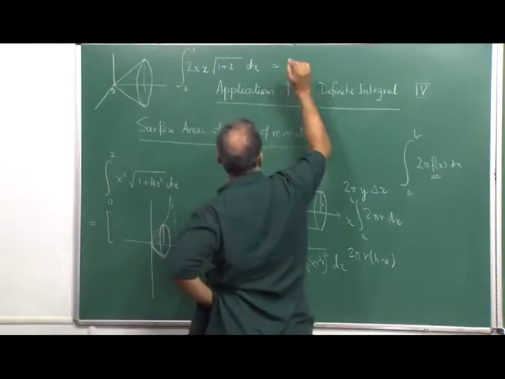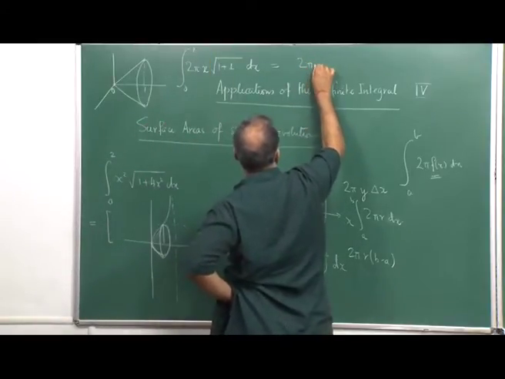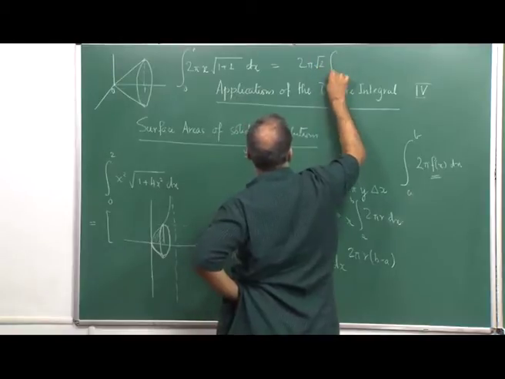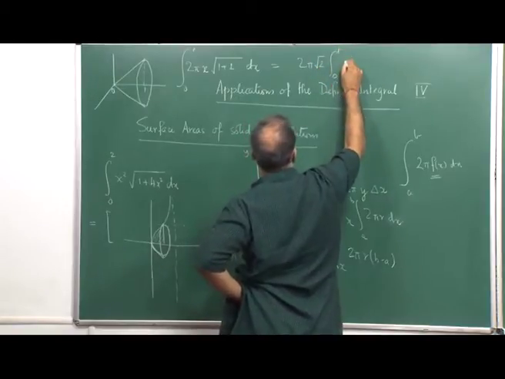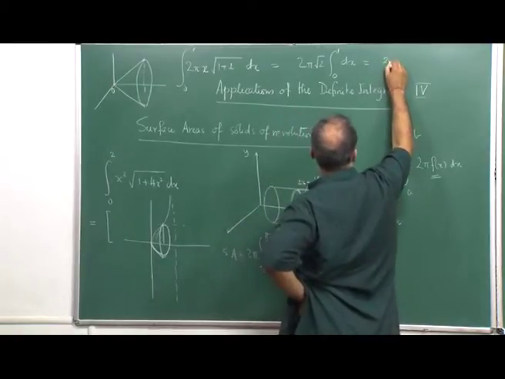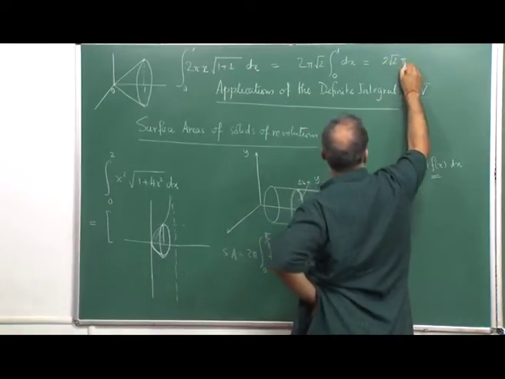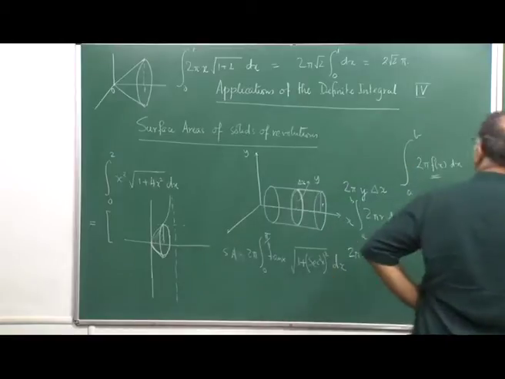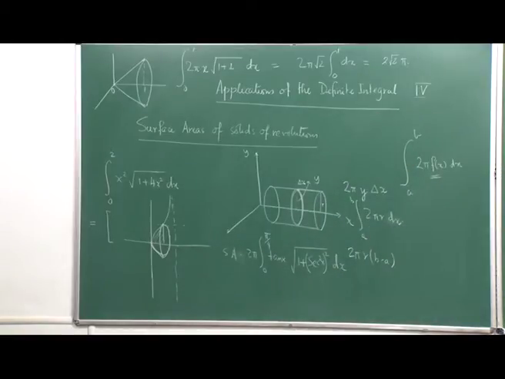So, this is handleable. It is 2 pi into root 2 integral 0 to 1 dx. So, 2 root 2 pi is the answer, the surface area of the conical structure.